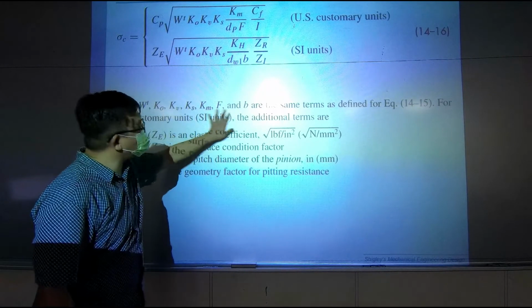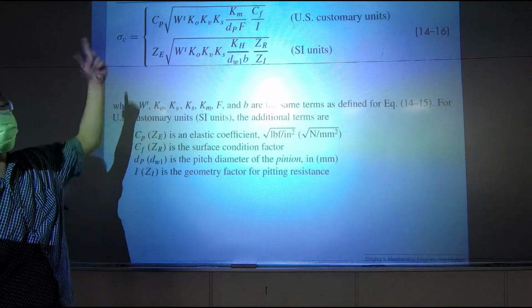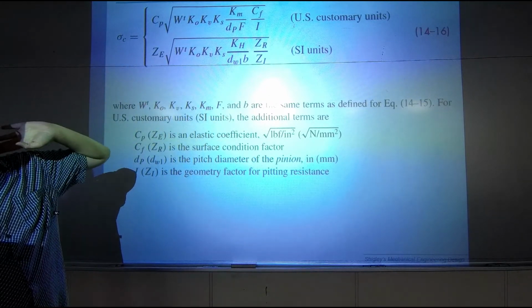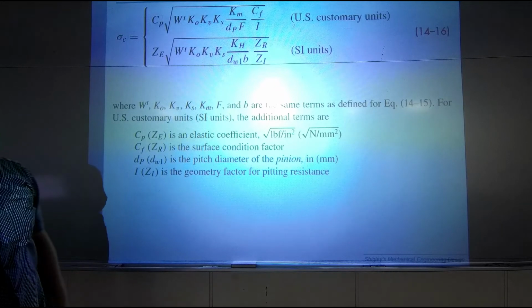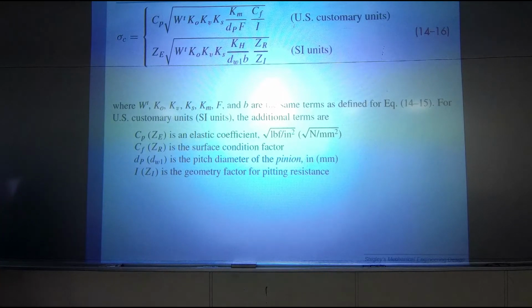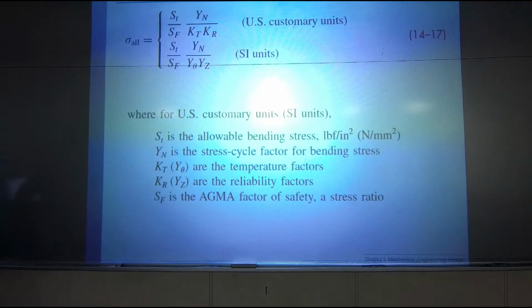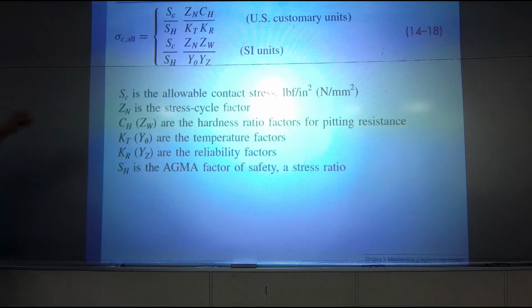And there are some parameters that are the same as in the bending stress equation, which is good. Okay? And the allowable contact stress is right here. For contact stress, there is also an allowable limit. So please make sure you understand this.